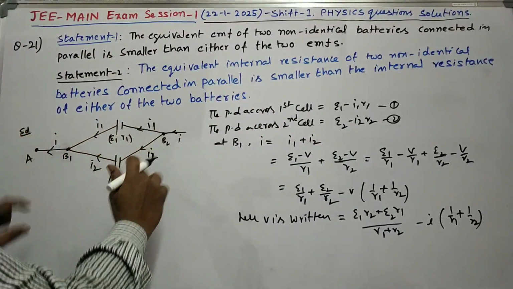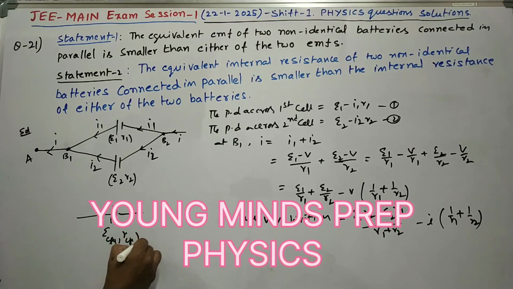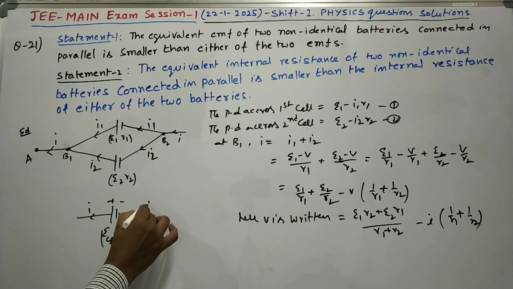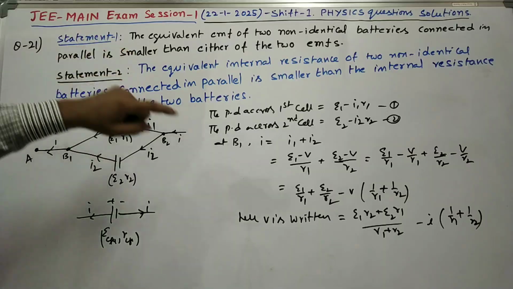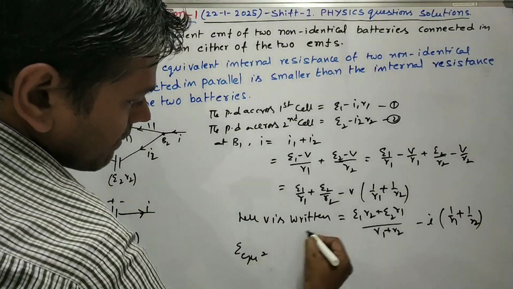This total resultant may be replaced by a single cell. This is the E equivalent. Similarly, R equivalent is the resistance through which the current is drawn. Like this, from this one you can write E equivalent. What is that?